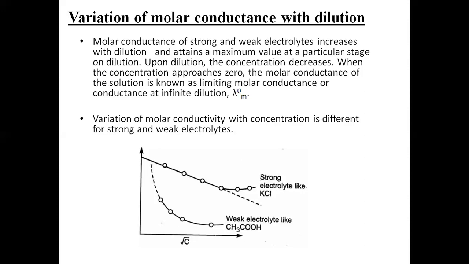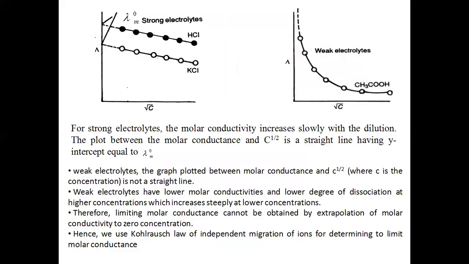When the concentration approaches zero, the molar conductance of the solution is known as limiting molar conductance, or conductance at infinite dilution, and that is represented as lambda m zero. Then, how can we find the molar conductance at infinite dilution for a strong electrolyte?